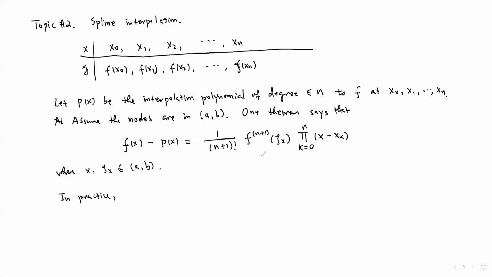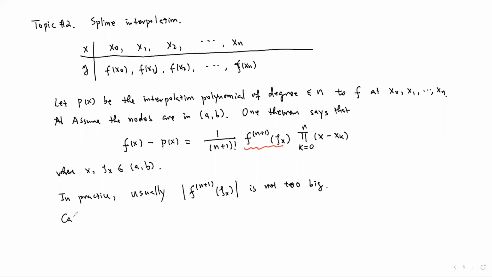Smooth means has derivative, or its graph has no corner. In practice, usually this factor, the derivative, usually the absolute value of this factor is not too big.